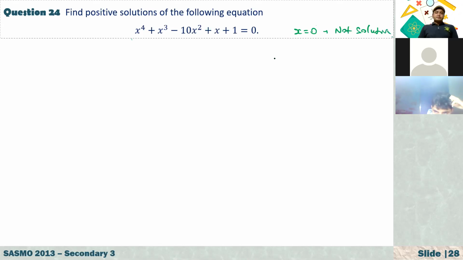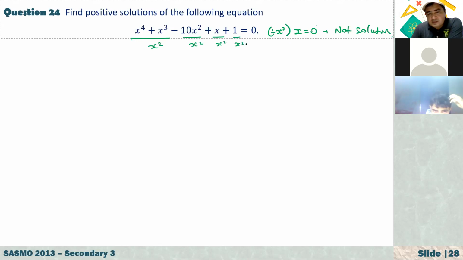All right. So now let me just divide both sides by x squared. Now if I divide both sides by x squared, what happens here? So here, let me just write this separately. This one I divide by x squared. And also this one by x squared. And this one by x squared.